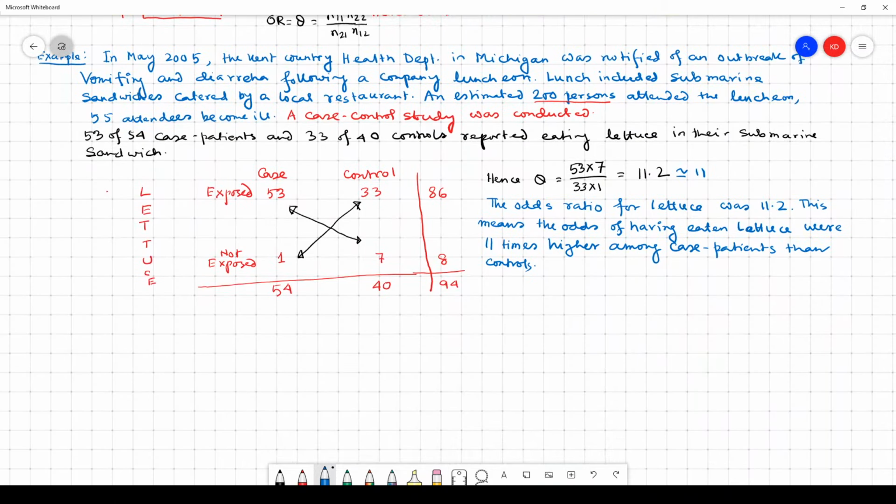Now, we observe that the odds ratio lies between zero and any non-negative quantity.